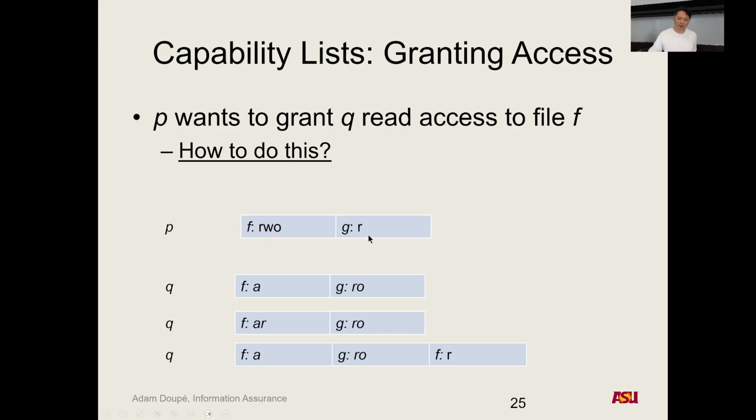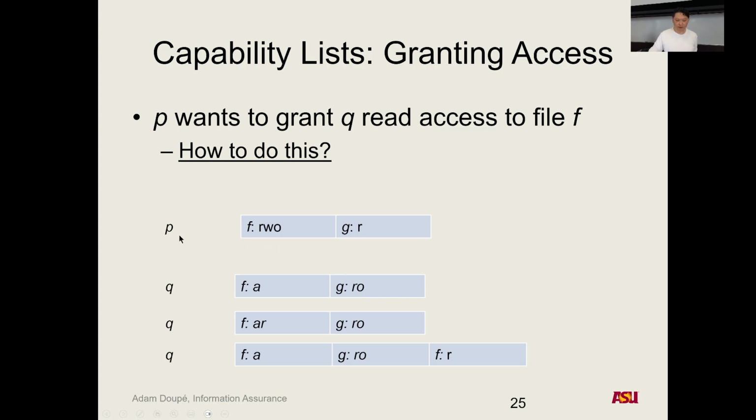W, O, and R. So P has a capability against F: append, add the authorization, add capability, that is A, and read and own.